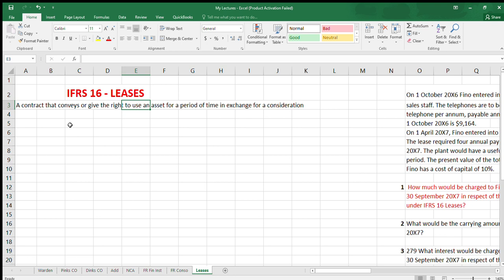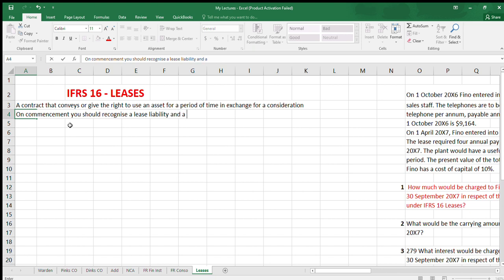Normally it is money. So on commencement of a lease, the first thing you need to know is that you should recognize a lease liability and a right of use of the asset.